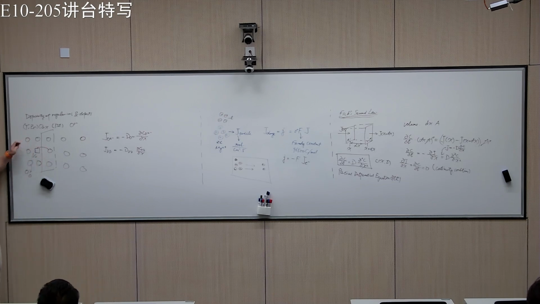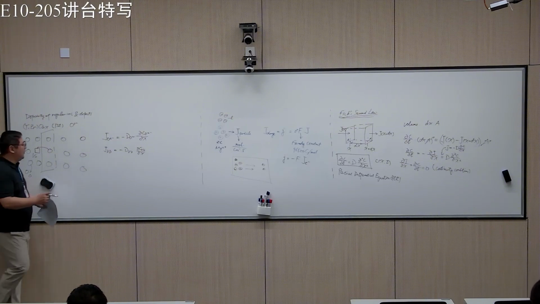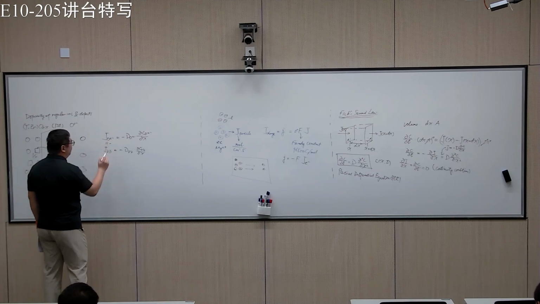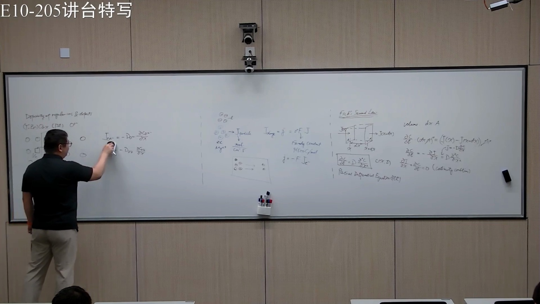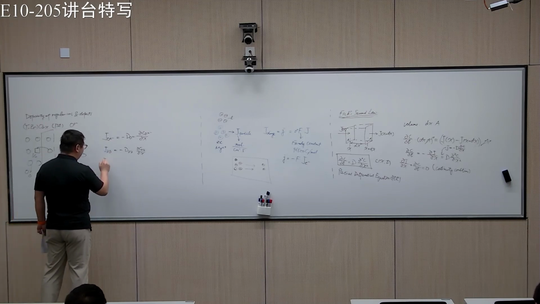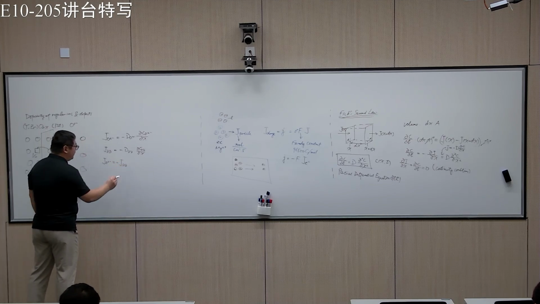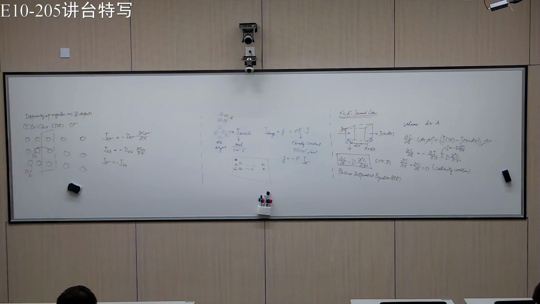In fact, however many oxygen vacancies move, an equal amount of oxygen ions move, right? So these two should be the same. Actually, not the same. Let me write it more clearly. This one should be the negative of this one, right? So it's kind of easy to understand.